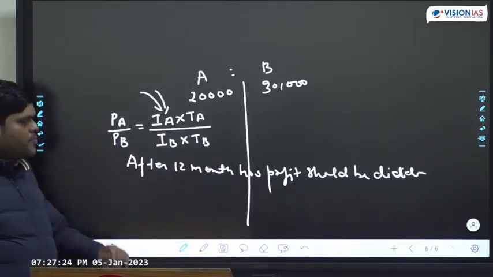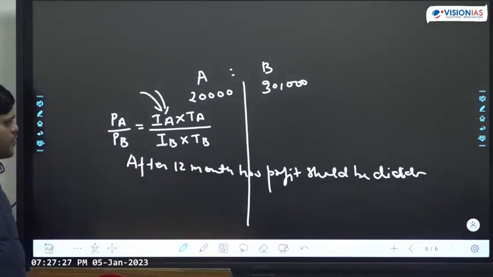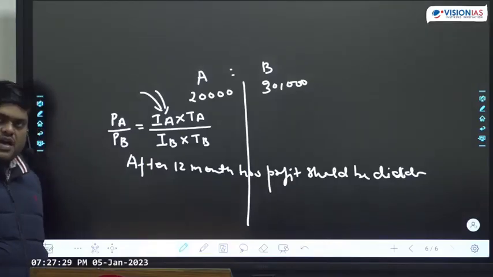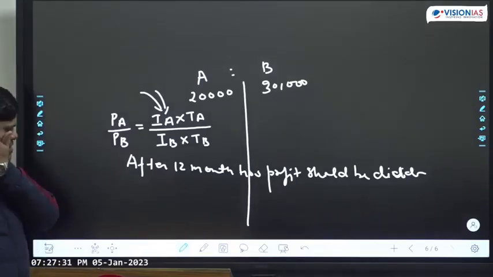Profit of A upon profit of B should be equal to investment of A into time of A upon investment of B into time of B.